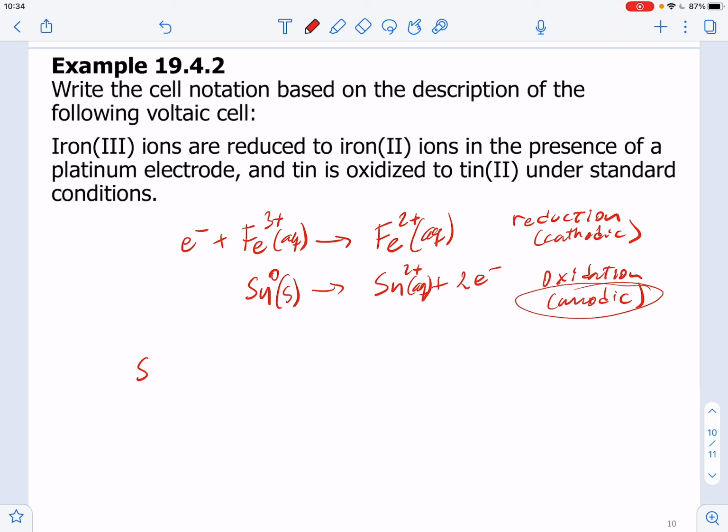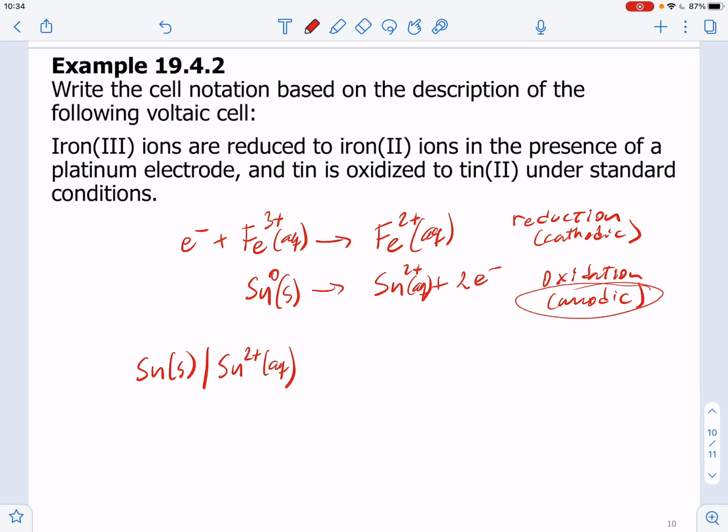So we have a bar of tin. Whenever you have the metal in the solid form, you can assume that that metal is the electrode. So in this case for the anode, the tin is the electrode, that side is a bar of tin, and that is separated from a solution that contains tin 2 plus.